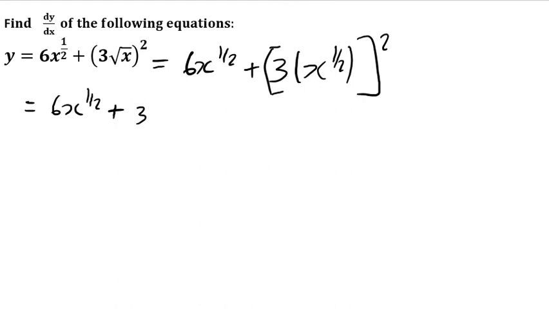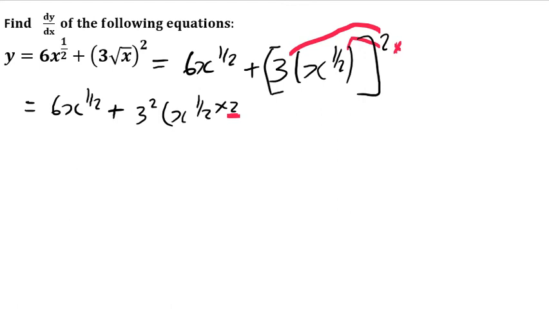You're going to have 3 to the power of 2, multiplied by, remember, this root is going to be for this, then for this, because everything is squared here. So you're going to say 3x squared, multiplied by x to the power of 1 over 2 multiplied by 2, which is your squared. This 2 is this one here.